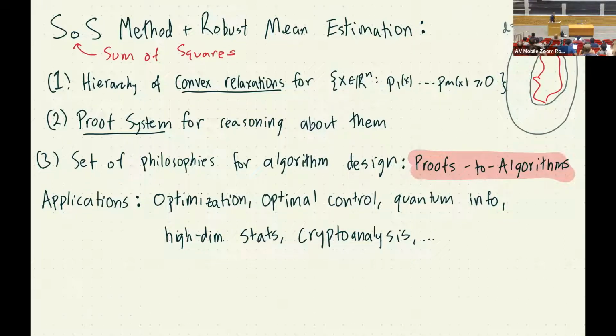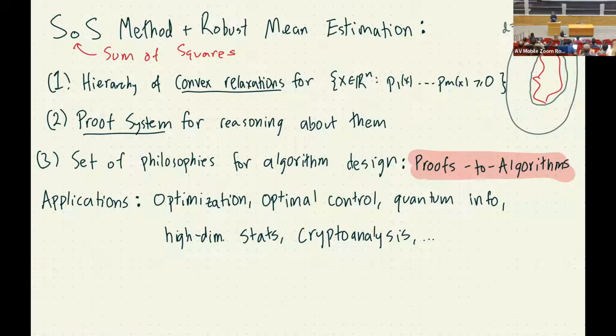So for any semi-algebraic set like this, it provides a hierarchy of convex relaxations, meaning convex sets that contain the base semi-algebraic set. So here is some crazy non-convex set in red that I'm drawing as my semi-algebraic set.